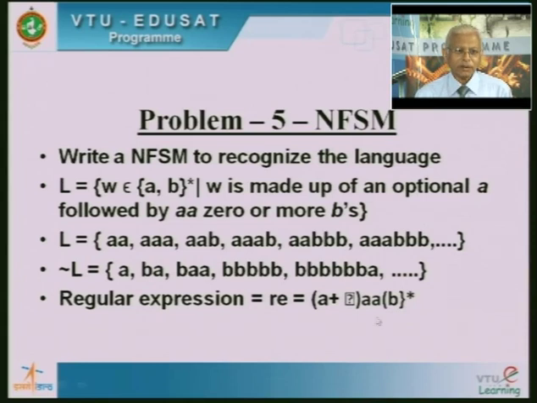So, what you see here is if you take epsilon, then AA will be the minimum string, assuming 0 B's. Suppose you take the first A followed by two A's, then the second string will come. So, this way you should get used to the formation of a regular expression given the problem. Once the regular expression is done, it is very easy to translate it into a non-deterministic finite state machine.